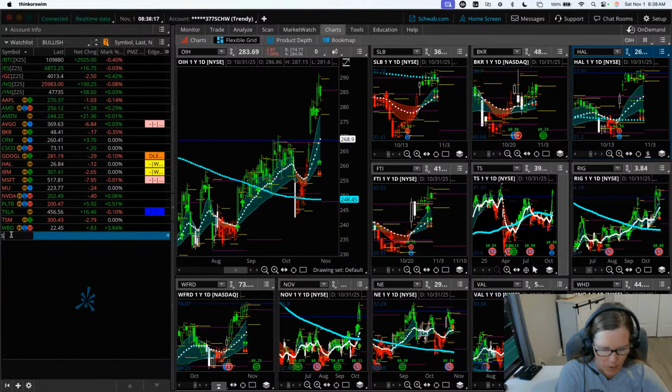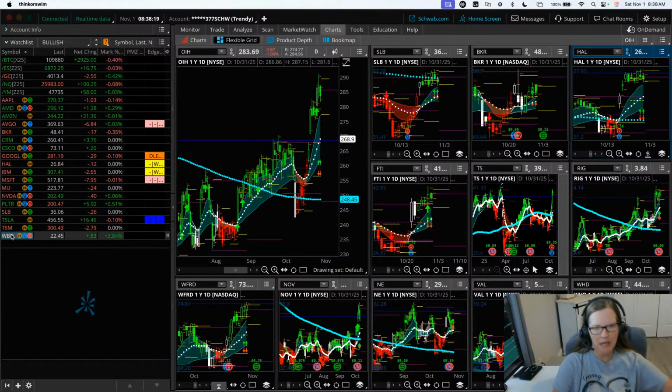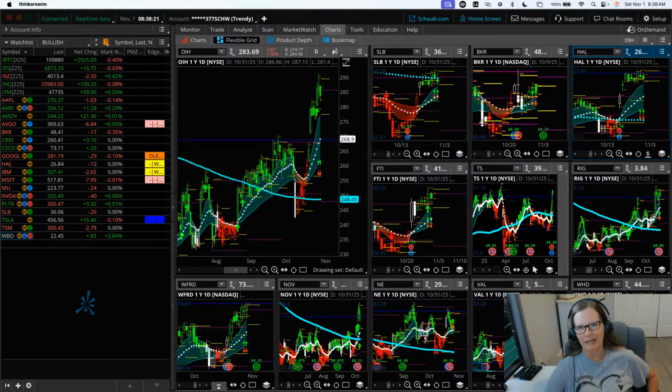So I'm going to add it. Almost always when looking at these sectors, your top 3 weighted names are going to be liquid enough for me to be interested in trading.